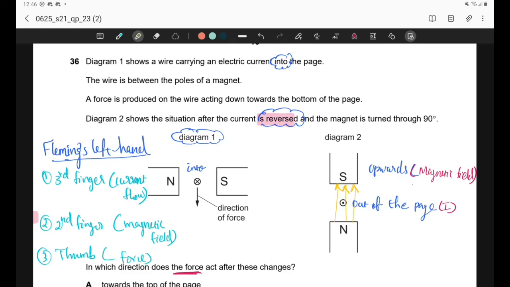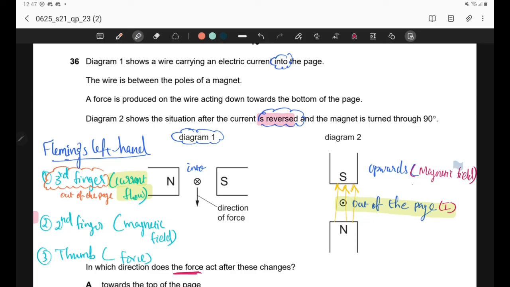Now we can look at the question. In diagram 2 we have the current direction flowing out of the page. That means the current flow should be represented with the third finger. So your third finger should point out of the page, or towards your face.